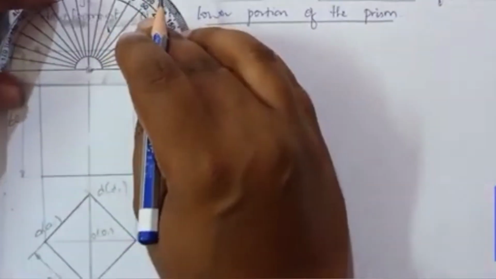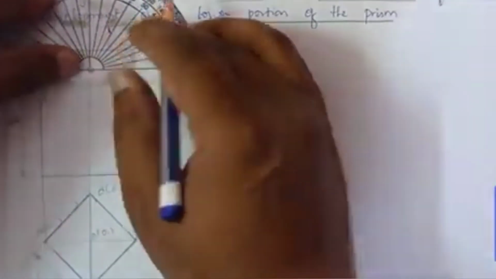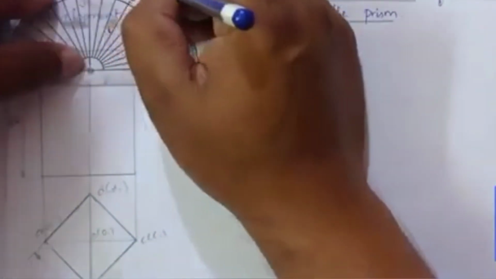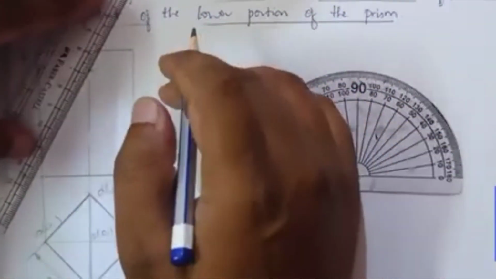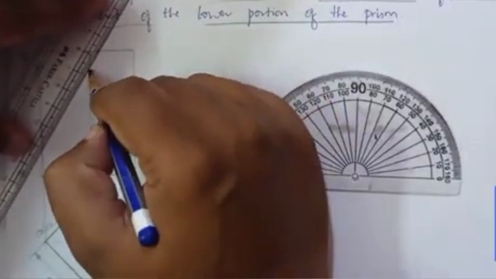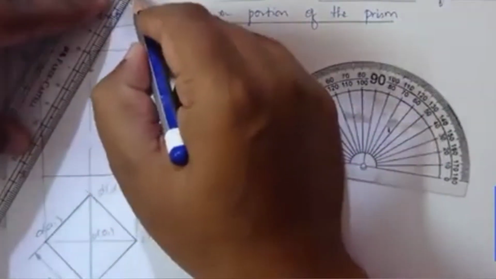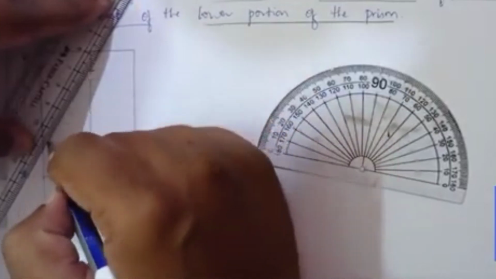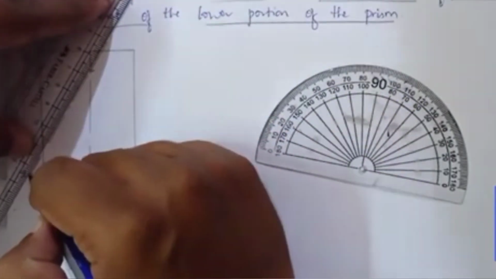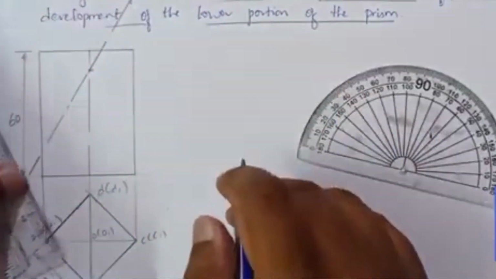Then take the protractor and mark an angle of 60 degrees, and draw a line passing through that angle point. Till there we can draw the cutting plane.